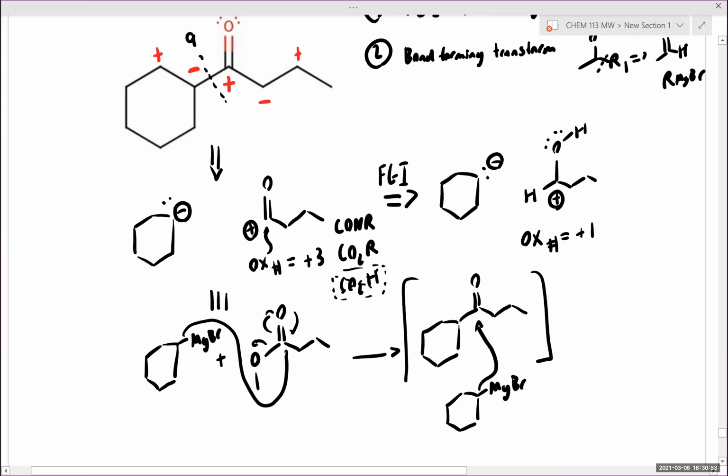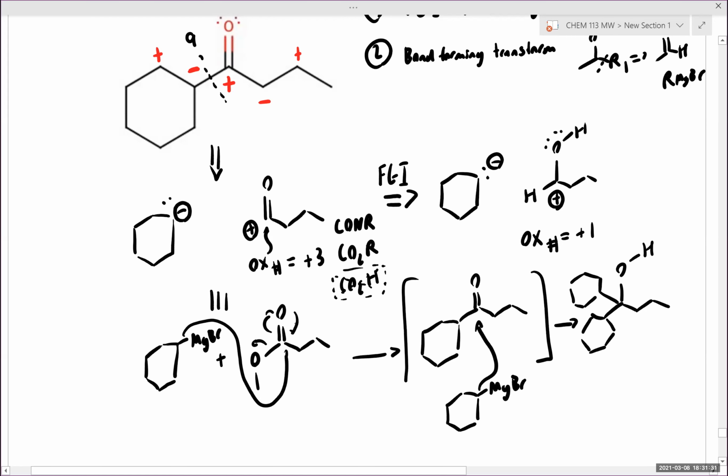The second addition then occurs on the activated ketone to generate a highly substituted tertiary alcohol. Remember when we did a previous synthesis example, we saw that a wonderful way to make a symmetrically substituted tertiary alcohol is through addition of a Grignard into an ester, because two equivalents of Grignard will add into the ester.